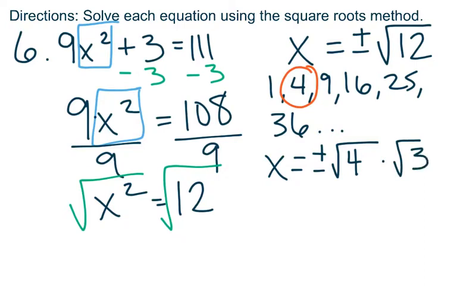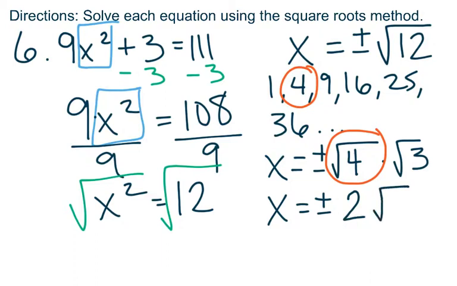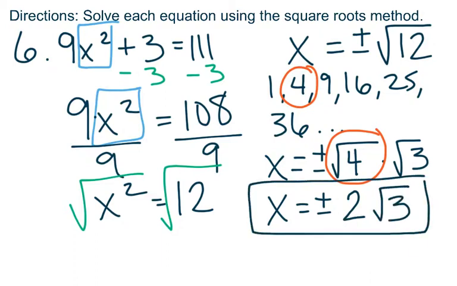So remember, 4 times 3 is 12. That's why I'm writing it like this. One of these is a perfect square, and that's the square root of 4. So x equals plus or minus. Remember, the square root of 4 is 2, and then 3 is a prime number, so it stays in the radical. So my answer is x equals plus or minus 2 square roots of 3.